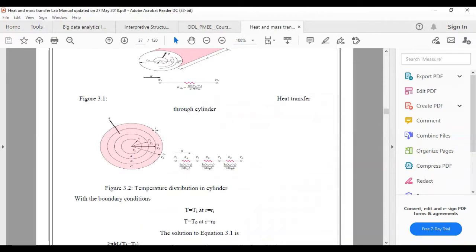We are continuously providing cooling at the outer edge and heating at the center, so heat is continuously flowing from the center to the outer edge. After some time a constant heat flow will be established, and that is called steady heat flow from the hotter section to the colder section.